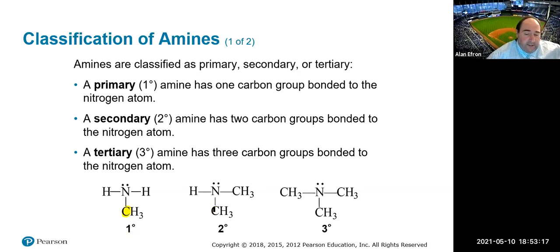Attached to this nitrogen here is one carbon there and two carbons there, makes it a secondary amine. Attached to this nitrogen, one carbon, two carbons, and three carbons, makes it a tertiary amine. So a little bit different than some of the other guys we've done before, but in this case, we want to look at the nitrogen and how many carbons are directly attached to it. Question on that there.